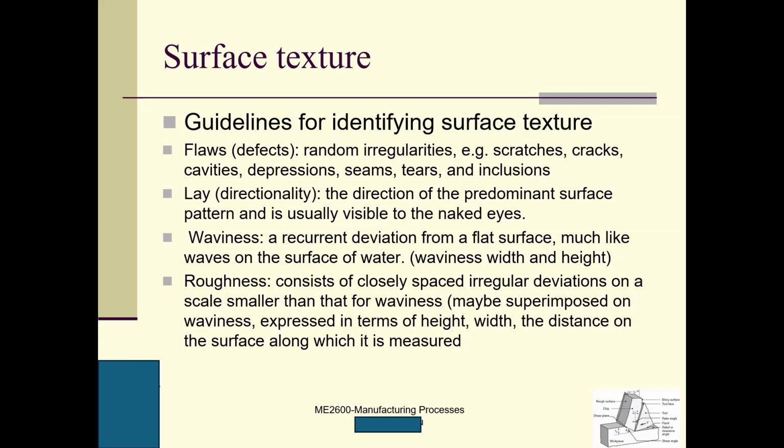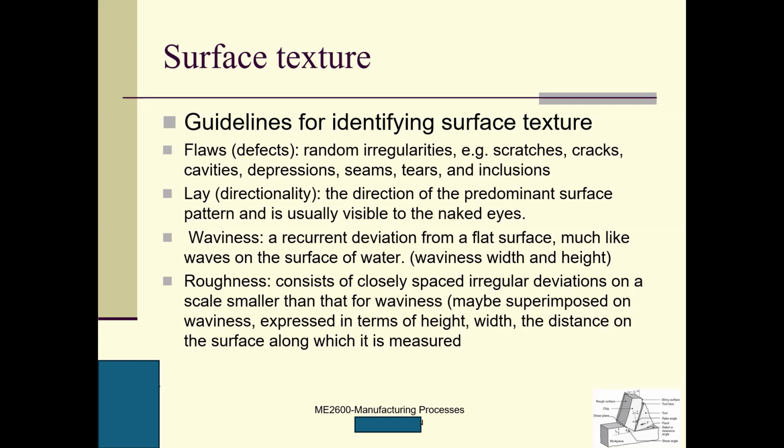Waviness and roughness are very similar, but waviness is a bigger scale, and roughness is a small scale. Roughness may be superimposed on waviness, expressed in terms of height, width, and distance on the surface along which it is measured. What I want you to know from this slide is that we have flaws, lay, waviness, and roughness, in terms of surface texture.